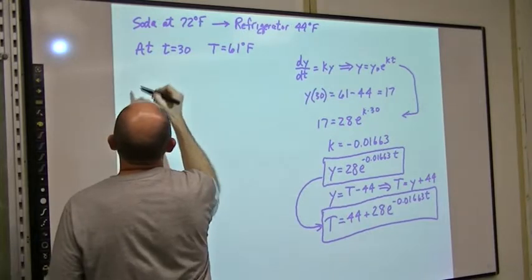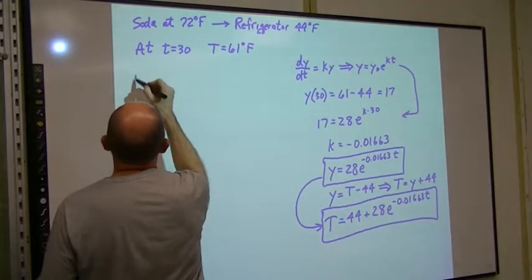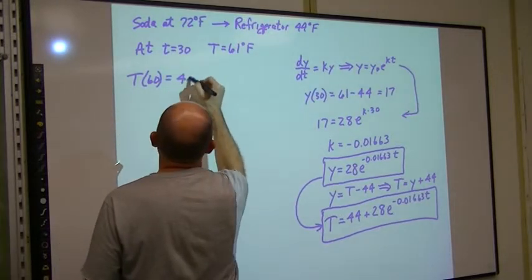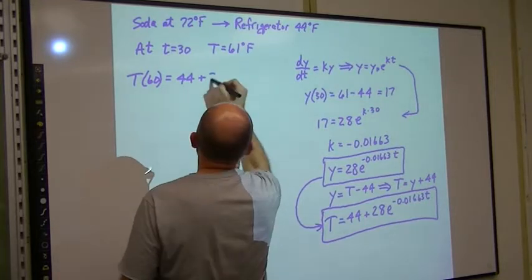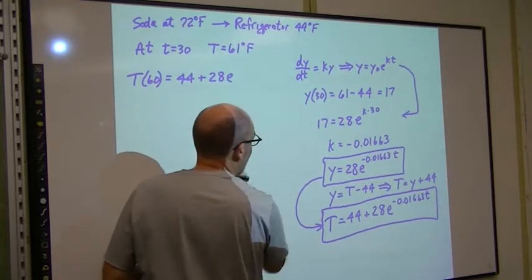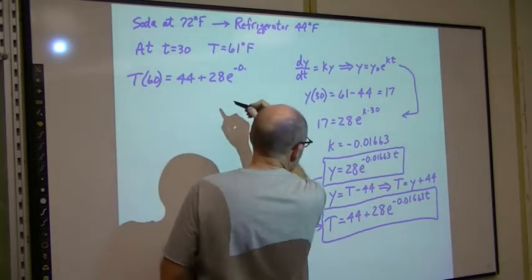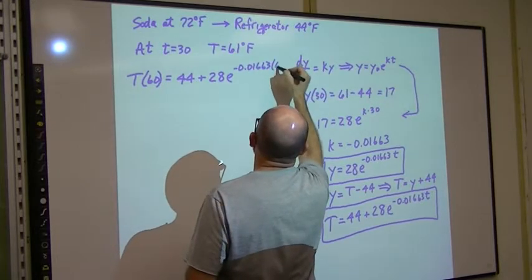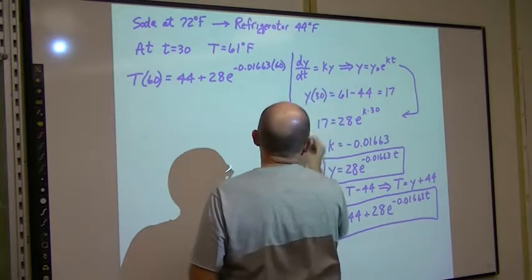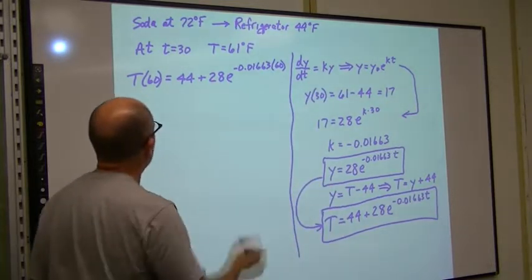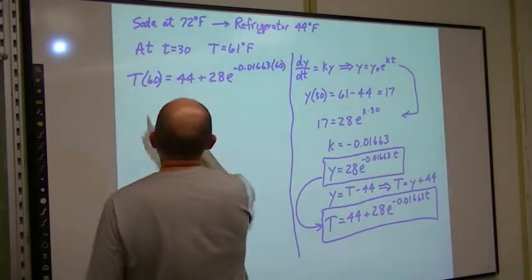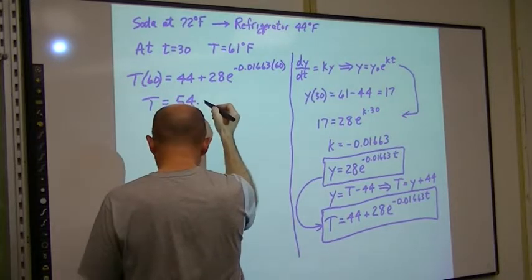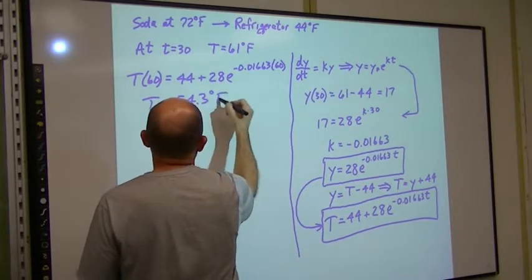So the temperature at 60 minutes is going to equal 44 plus 28 e to the negative 0.01663 times 60. Okay, so crank that out, and that temperature is going to be 54.3 degrees Fahrenheit.